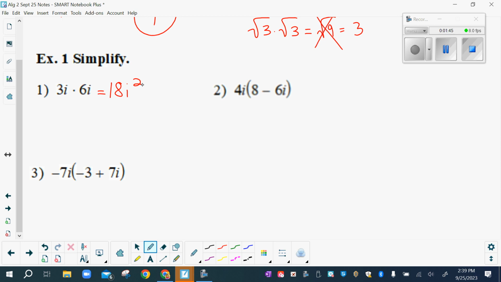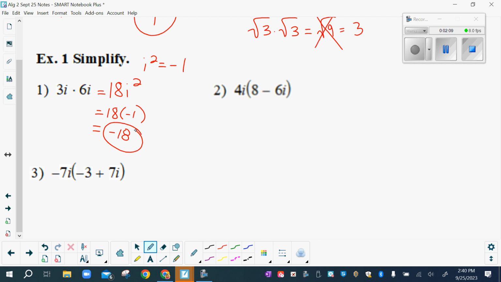So we just said that i squared is equal to what? -1. So this is 18 times -1, which would be -18. Questions on that?